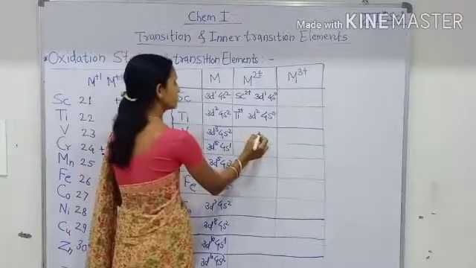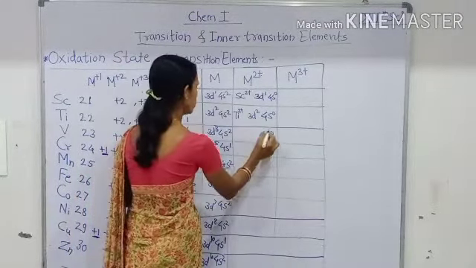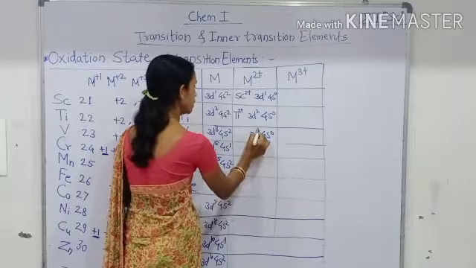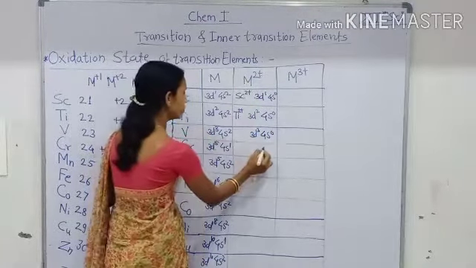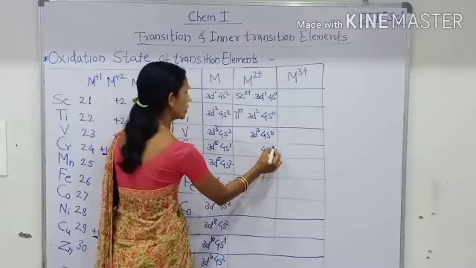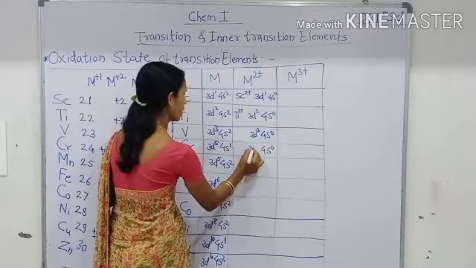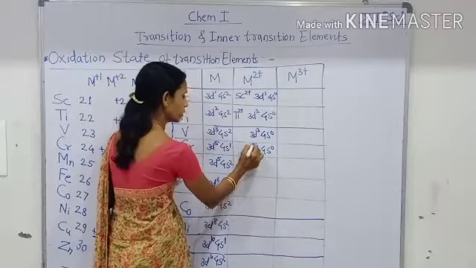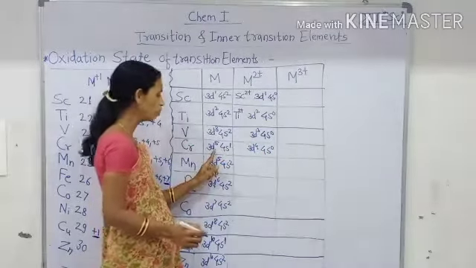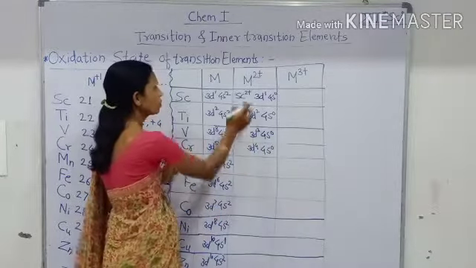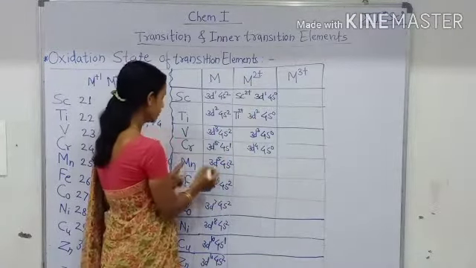Similarly, we can write the electronic configuration for all those elements in the M2 plus oxidation state. For vanadium, it is 4s0, 3d3 in the plus 2 oxidation state. For chromium, it is 4s0, 3d4. Here 1 electron from 4s and 1 electron from 3d is lost by the chromium, then it shows the chromium 2 plus ion.